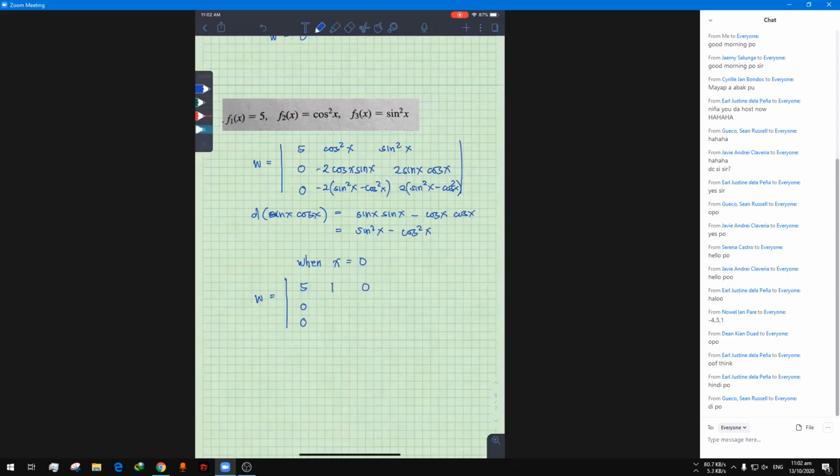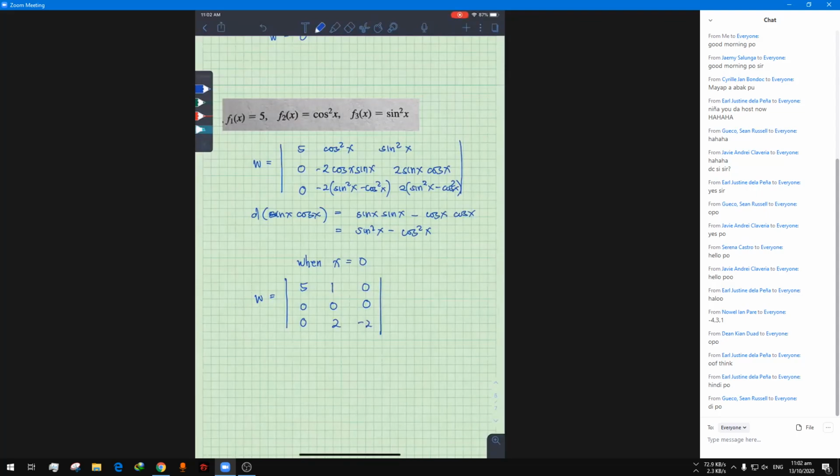So basta meron siyang sine, it's already 0. So 0 din siya dun sa 2 sine x. Pero ito, ang sine is 0, pero cosine would be 1. So 1 squared is negative 1. Negative 1 times negative 2, that would be positive 2. And then the last one is sine is 0, so cosine is negative 1. So 2 times negative 1 would be negative 2.